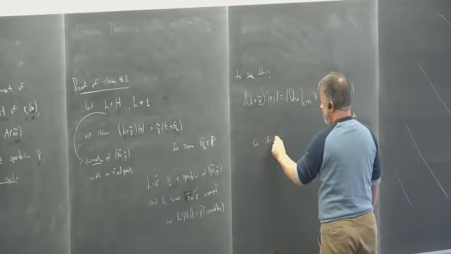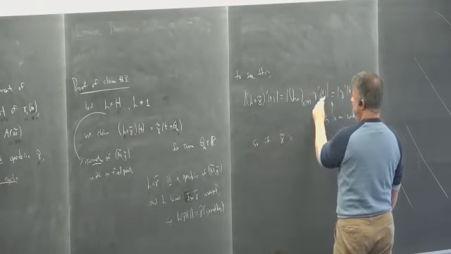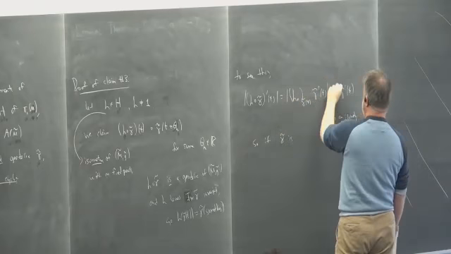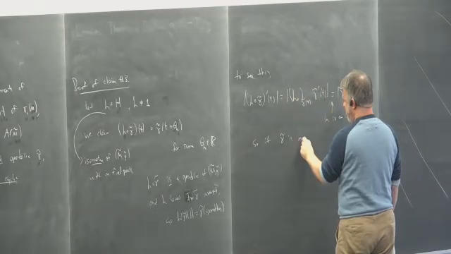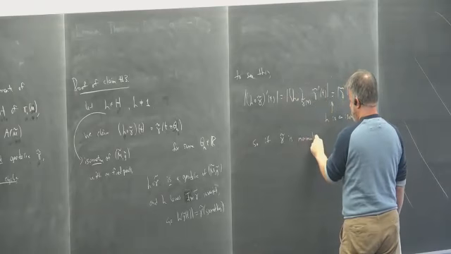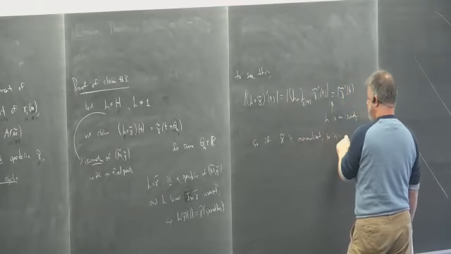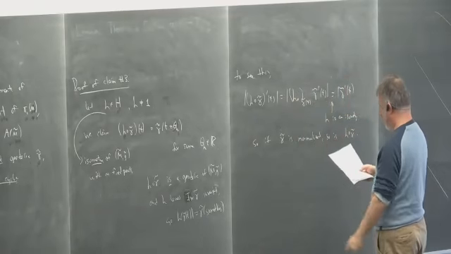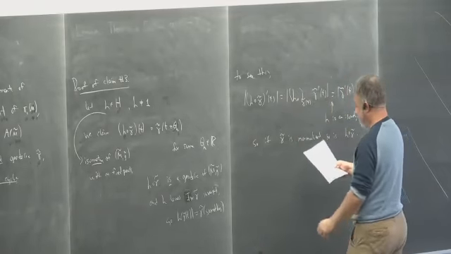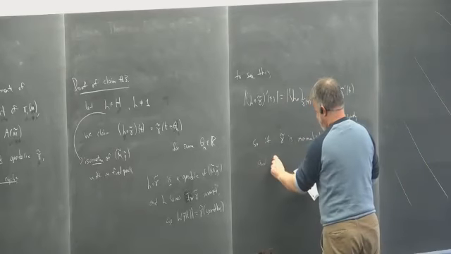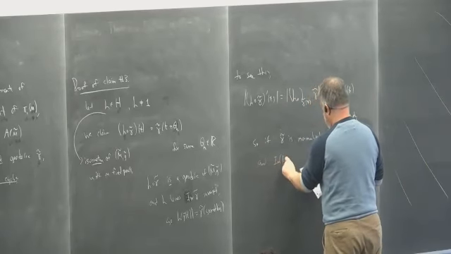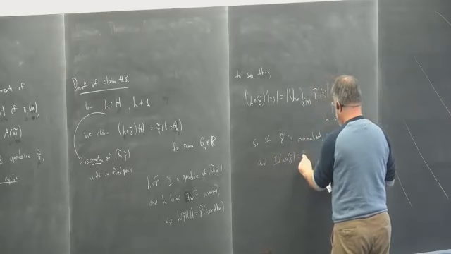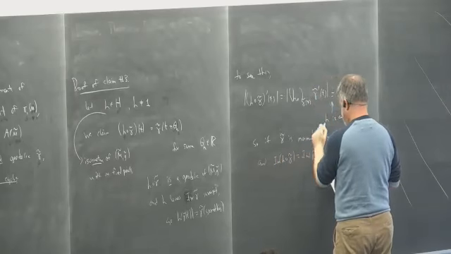So if gamma tilde is normalized, so is h composed gamma tilde. An isometry will take normalized geodesics to normalized geodesics, and we know that the image of h composed gamma tilde is equal to the image of gamma tilde.